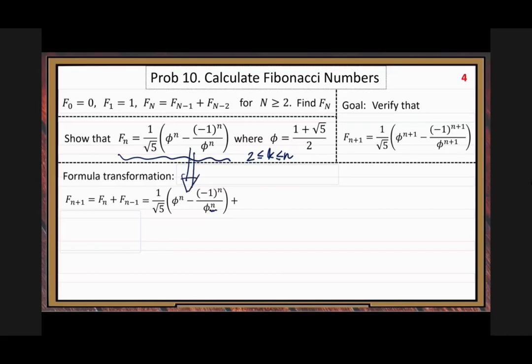It is legal. We follow the rules. K is in the range, so we can apply this formula. If k is out of the range, we cannot apply it. We follow other rules.